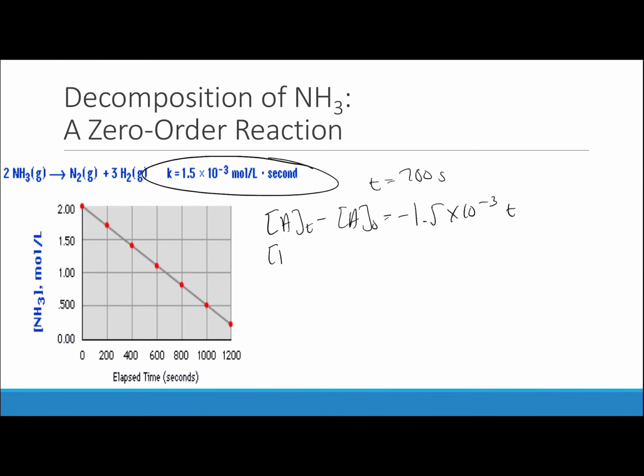So our NH3 concentration at 700 seconds minus our initial concentration, 2.00 molar, is equal to negative 1.5 times 10^-3 times our 700 seconds.